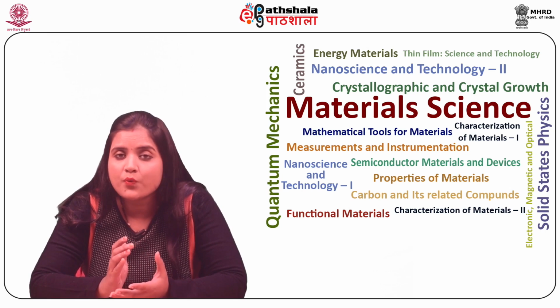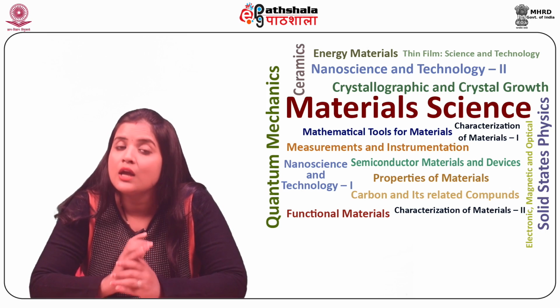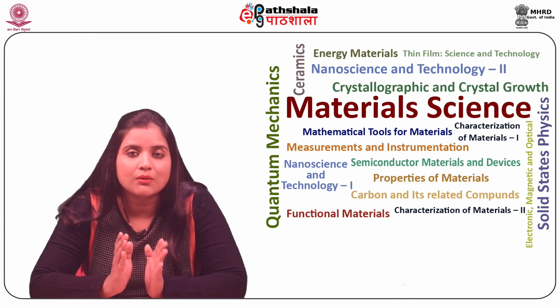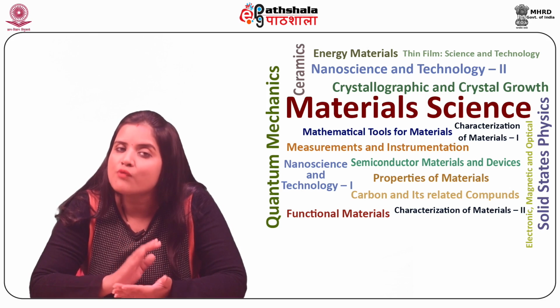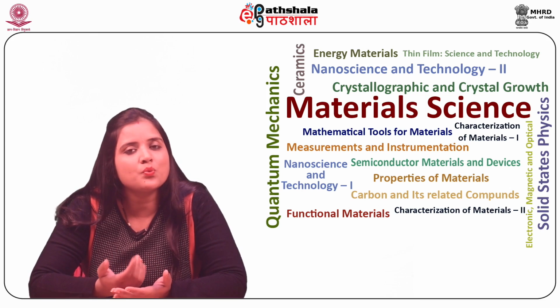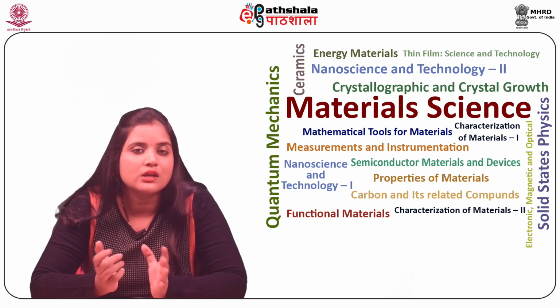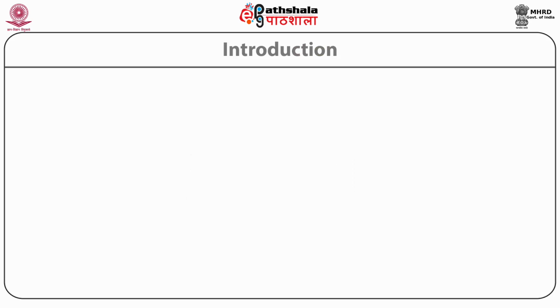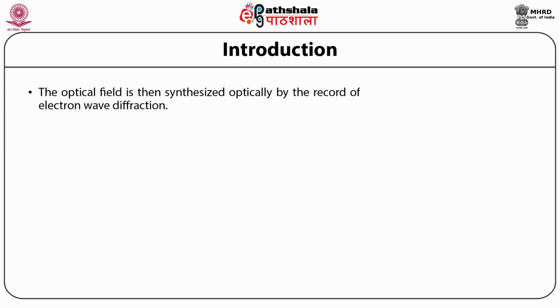Rather than perfecting the electron lens, he displaced it entirely and found that the complete information of amplitude as well as phase of an electron wave is contained within its diffraction pattern. The optical field is then synthesized optically from the record of electron wave diffraction.